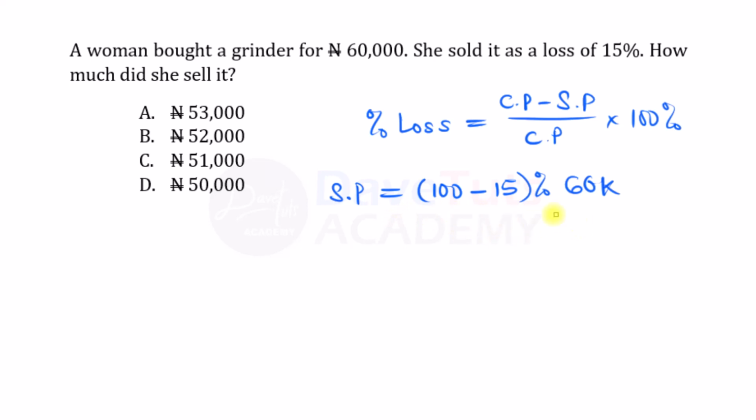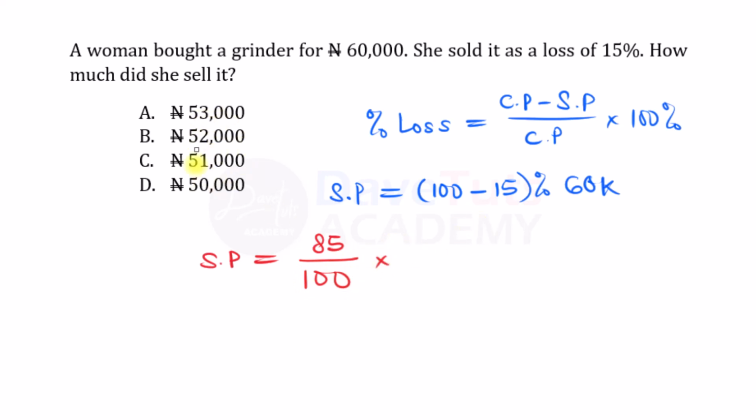This is just for me a very good and a very fast method of trying to solve this. Selling price, because time is of the essence whenever you are working in your JAMB exam, so you just want to get your questions as fast as possible. 100 minus 15, that is nothing but 85. The percentage will mean I'm saying 100, then times 60k.